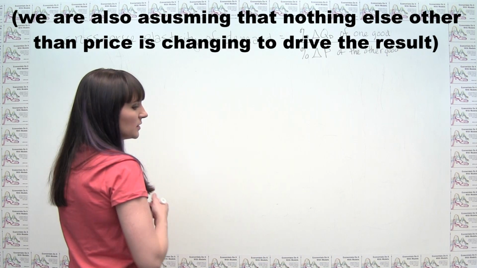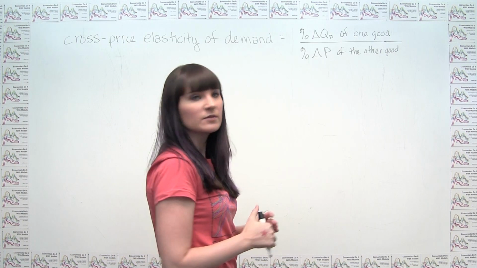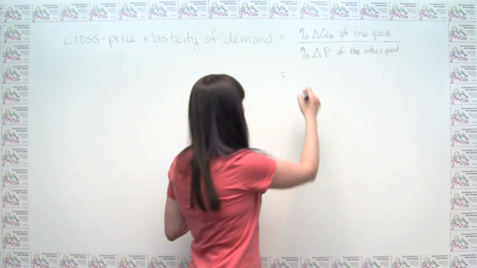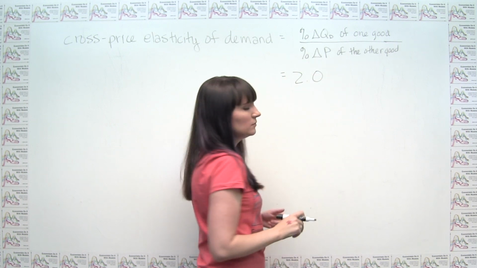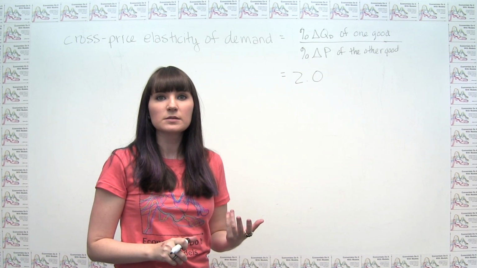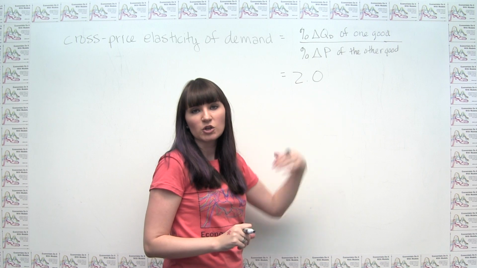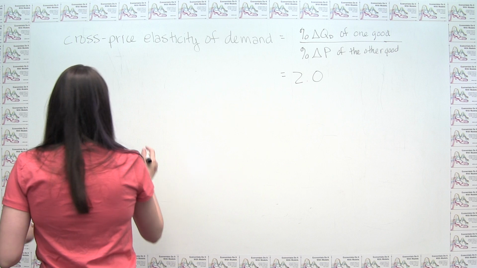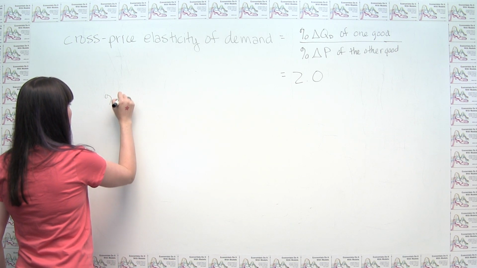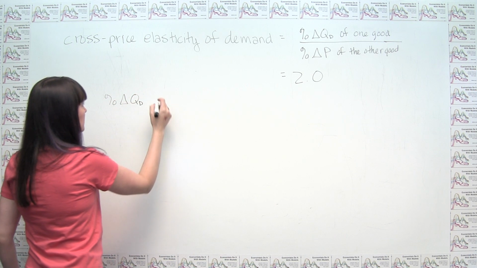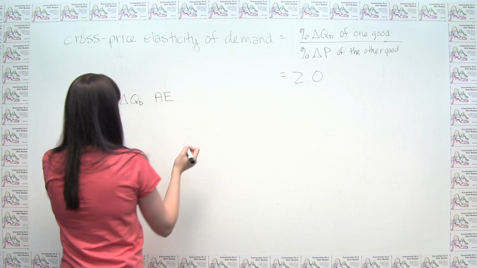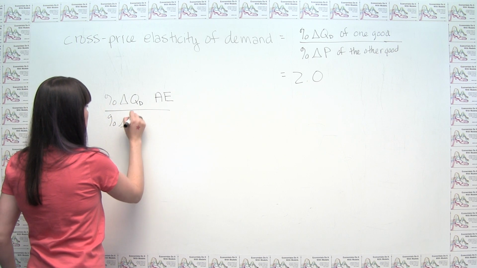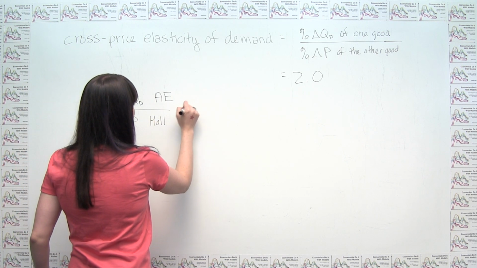So we're told here that this cross-price elasticity of demand between American Eagle and Hollister is 2.0. There are two ways that this can be interpreted, and either one of them is okay. We could say that the percent change in the quantity demanded for American Eagle divided by the percent change in prices at Hollister is equal to 2.0.